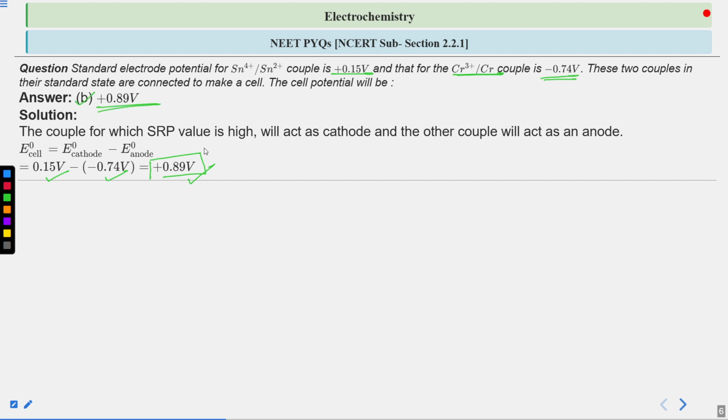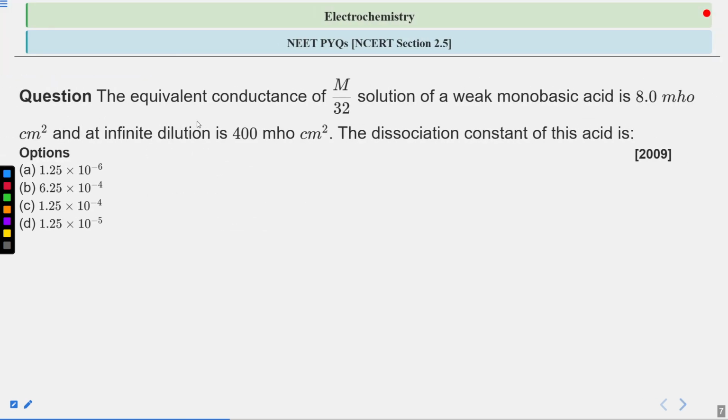Okay, so let's see our next question. Again, this is a NEET PYQ, covering NCERT section 2.5 in our chapter Electrochemistry. The question says that the equivalent conductance of an M/32 solution of a weak monobasic acid is 8 mho centimeter square.